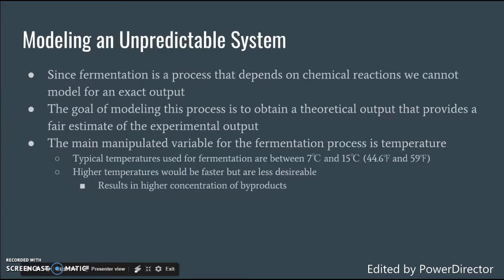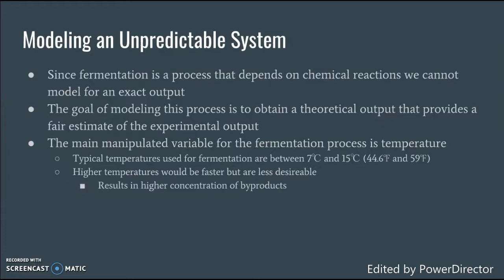Fermentation is a natural process that creates different outputs every time that are close to each other but not exact. For that reason, we're not able to create a model of the system that gives a definite output every single time.